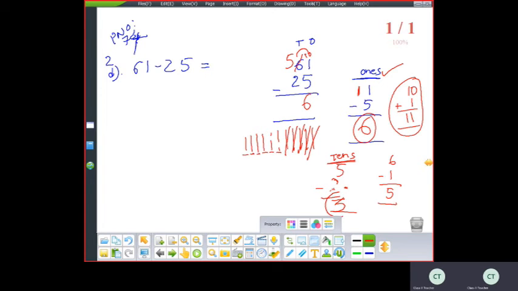This answer 3 we write in the 10 place. 61 minus 25 is equal to 36. Our answer is 36. This is question D.